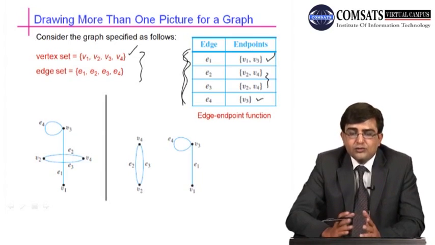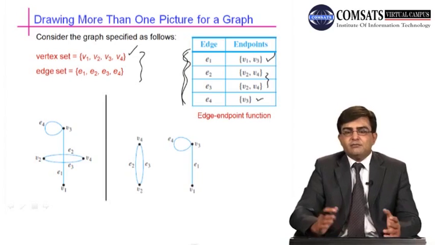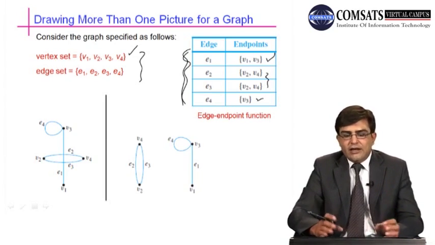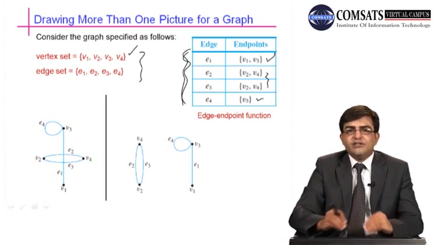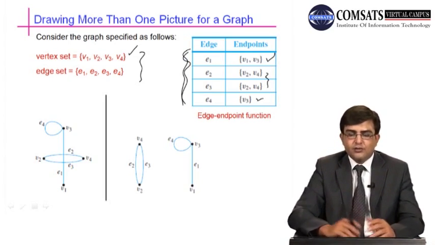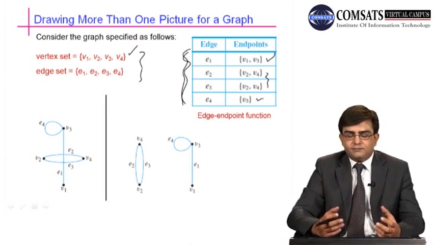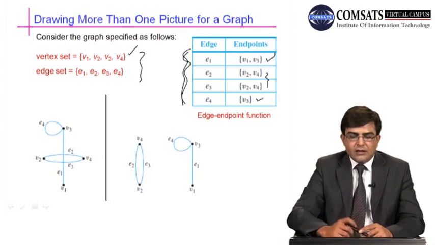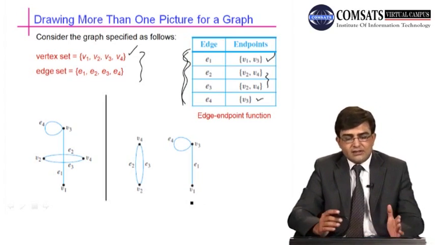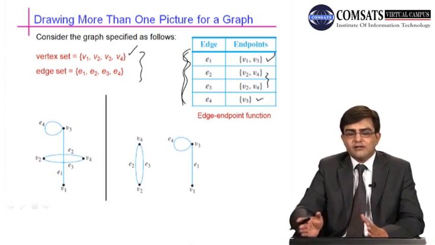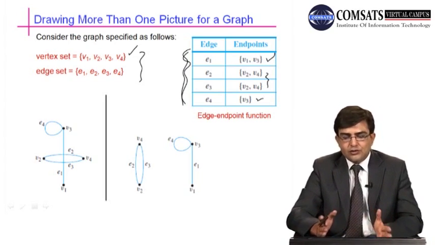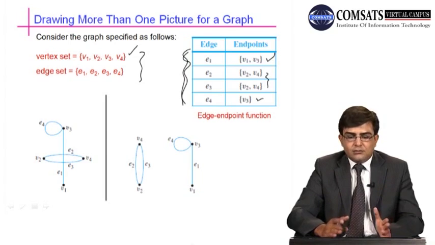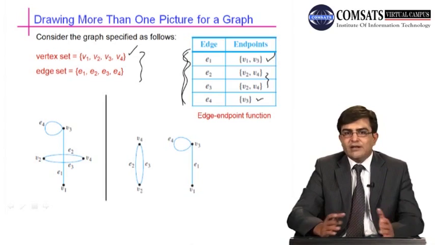In most cases, any two students decide different positions of the vertices in the graph, and so the picture or the graph may look different in both cases. So here, using the same information, vertex set, and edge endpoint function, I shall show you that we can draw two different graphs which look different, but the information in that graph is the same.